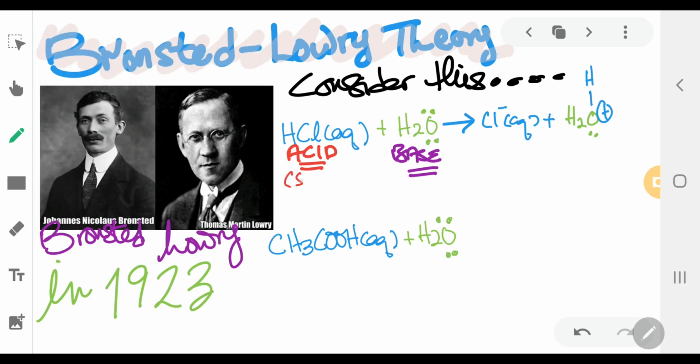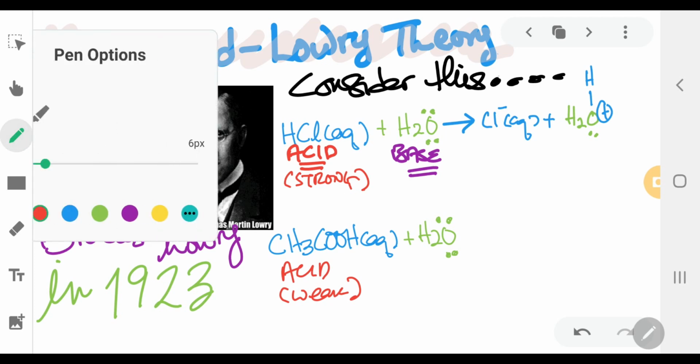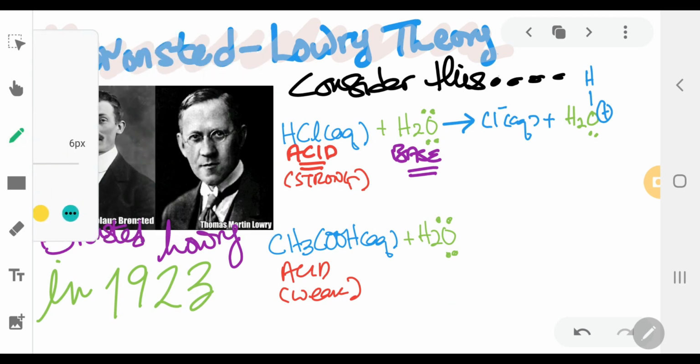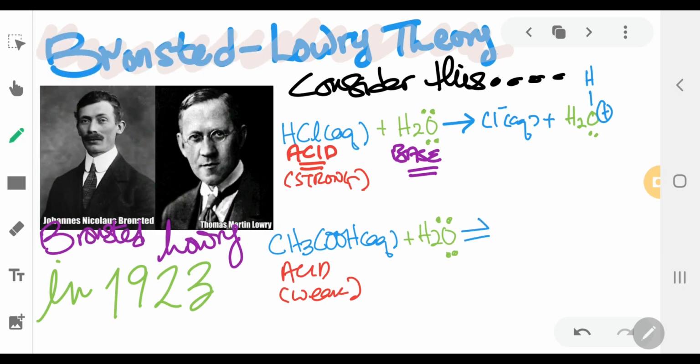So this is strong acid. We have another acid, but this one is considered as weak. So when you have weak acid, we're going to use a reversible arrow like this. What happens? This proton here will be donated by the weak acid, and it will give it to the lone pair of your base. Water still is behaving as a base.